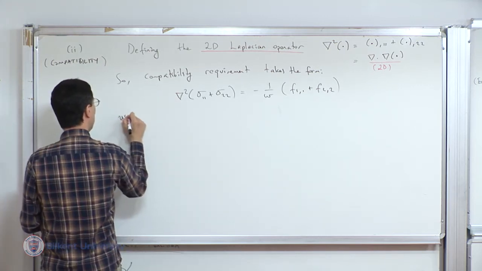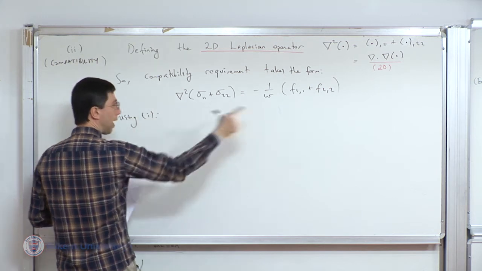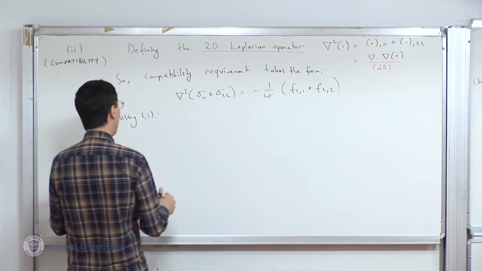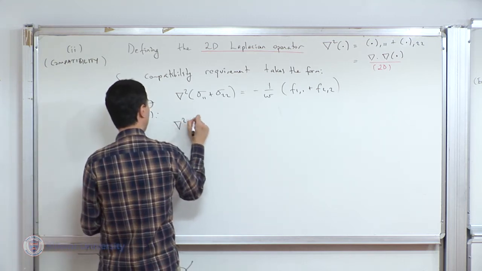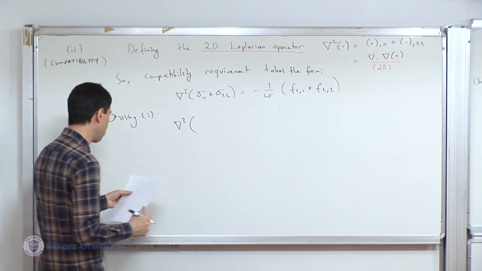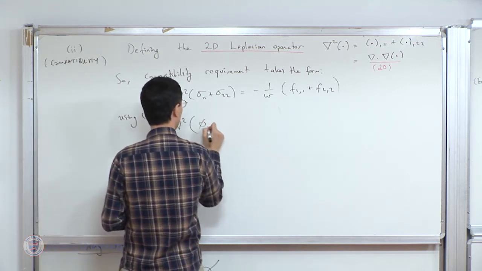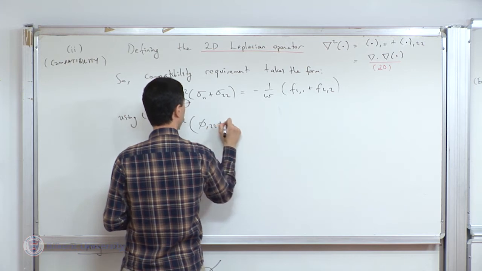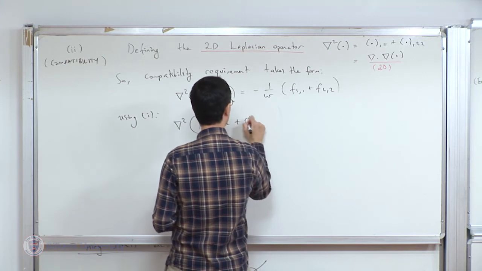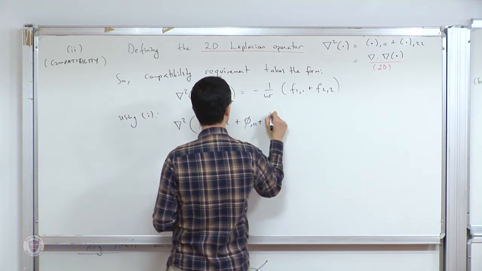And now what I will do is I will use our Airy stress function, what I have done in item 1. And so I will go ahead and plug in, instead of the stress, the forms for the stress components. So sigma 1 is phi, comma 2 plus omega. And sigma 2 is phi, comma 1 plus omega.